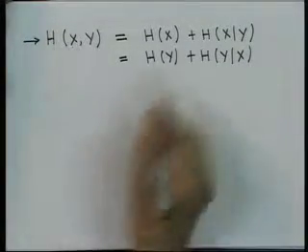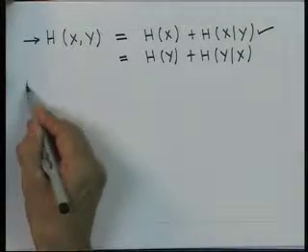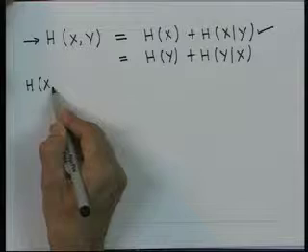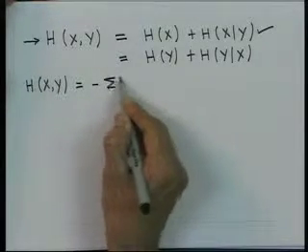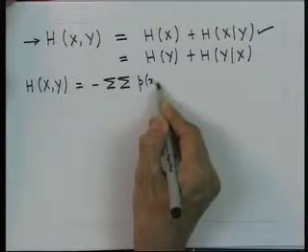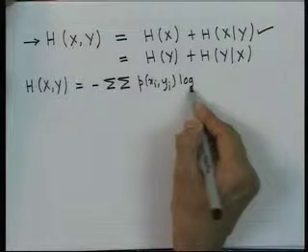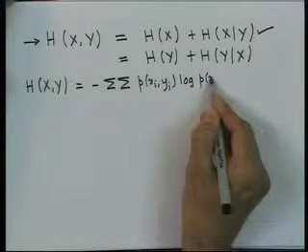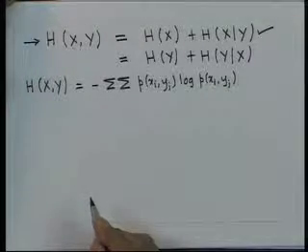So, let us try to prove this relationship. Let us try to prove the first relationship. Let us look at the definition of h of x y, which we started in the morning. So, this is nothing but the summation of probability of xi yj log of p of xi yj.